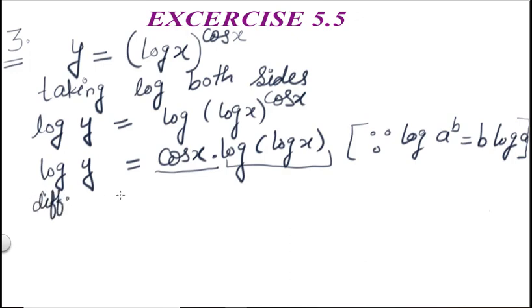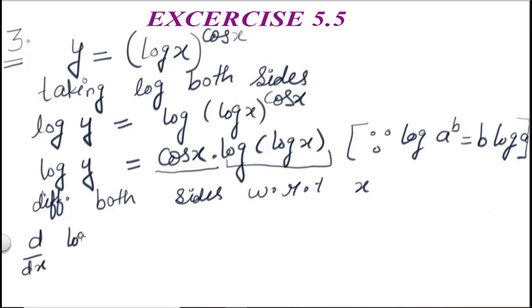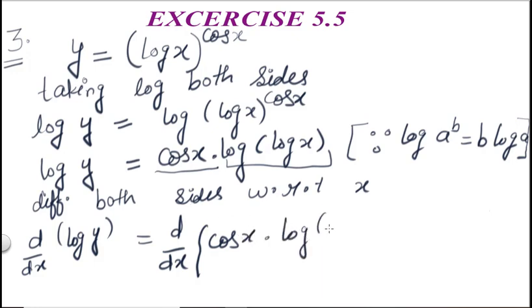Differentiating both sides with respect to x, we write d by dx of log of y equals d by dx of the complete function that we have, which is cos of x into log of log x. Clear? This is the function that we have to differentiate.